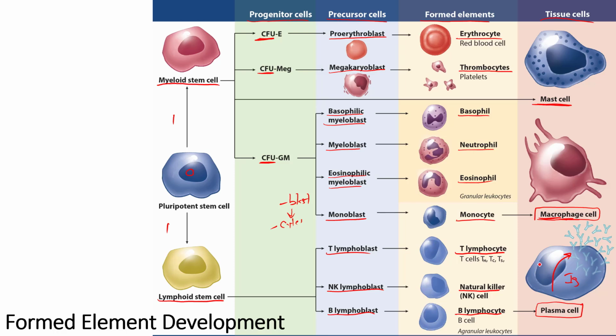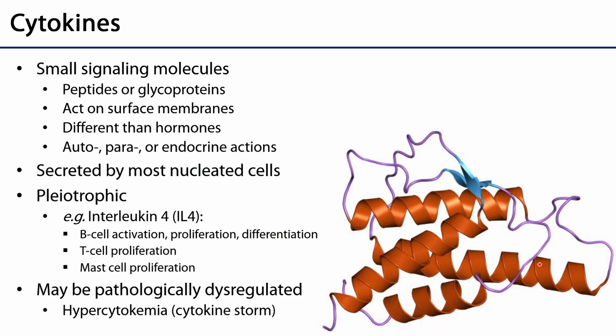So as we go through other videos, you can keep this pathway in mind as to the development of these different formed elements. Now, a lot of formed elements are under the regulatory control of various substances, and in particular, as a broad category of regulatory substances, there are these things called cytokines.